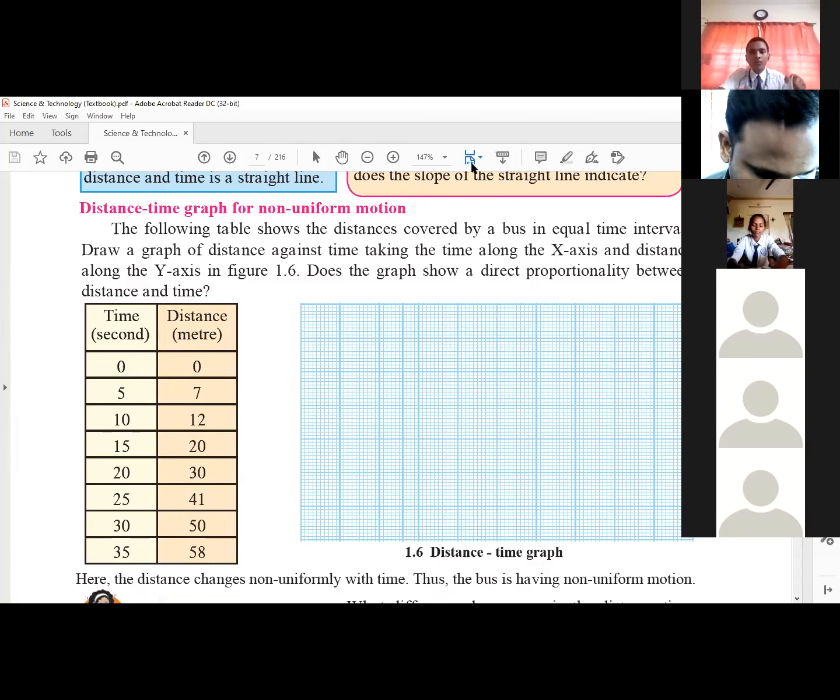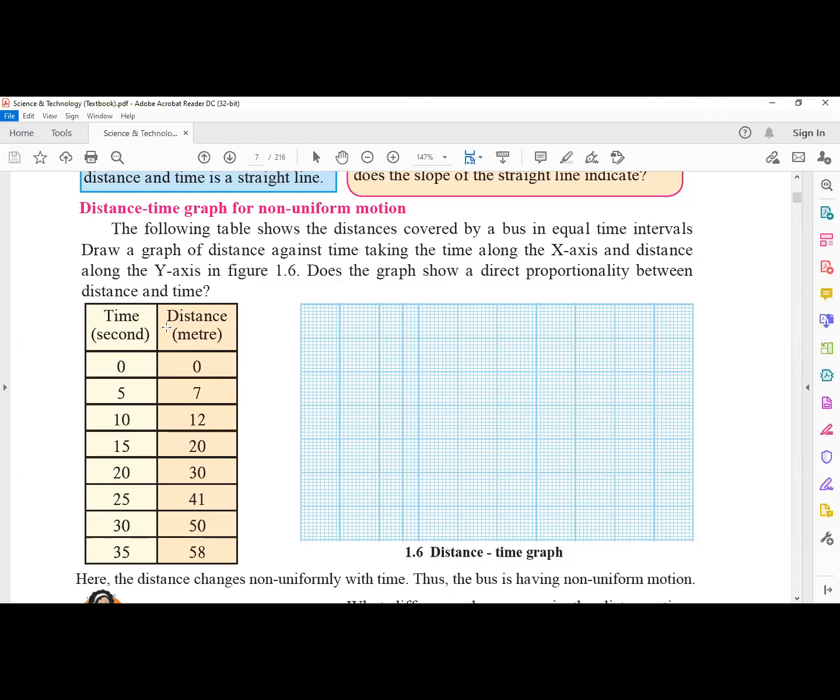Time on the x-axis and distance on the y-axis, because time is the independent variable and distance is the dependent variable. The dependent variable is always plotted on the y-axis and the independent on the x-axis.